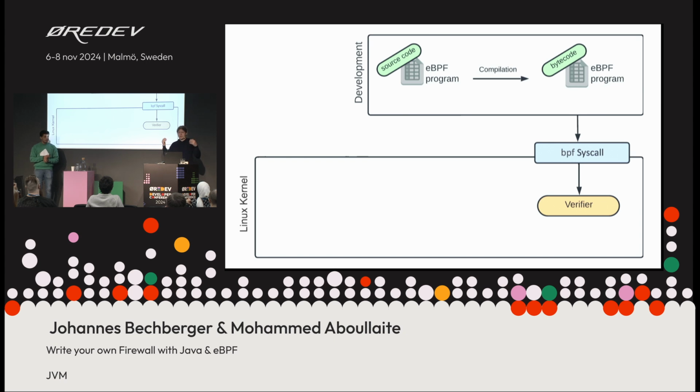And the cool thing is it then goes through a verifier. Because we're running this code in the kernel, we don't want to trust it to do everything right. Especially, we don't want things like null pointer exceptions, like we have in Java, where we access a pointer that's potentially null. So we have the verifier. It's really, really cool.